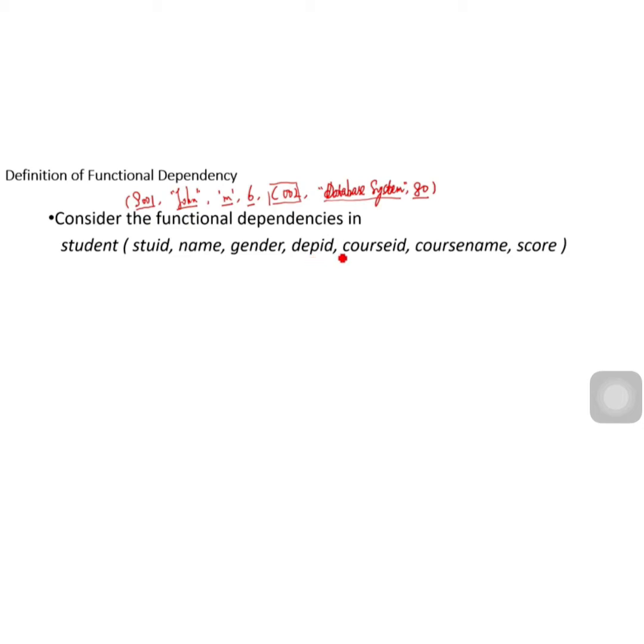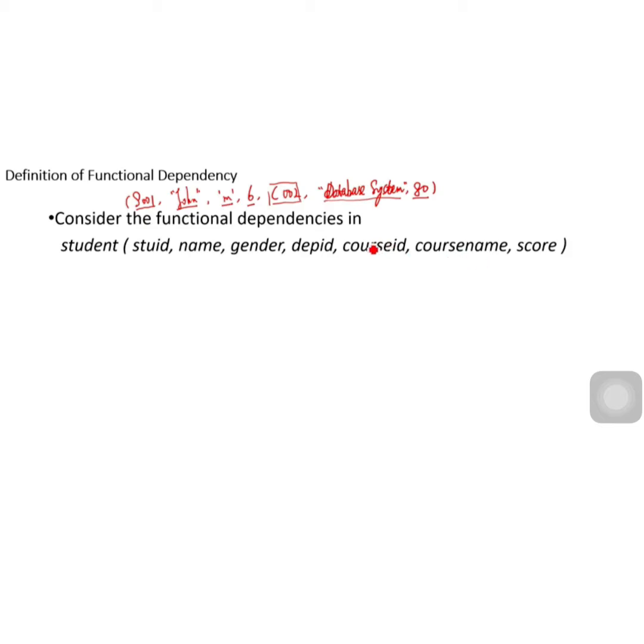A department ID identifies each department, and a student may learn more than one course, and course ID identifies each course.